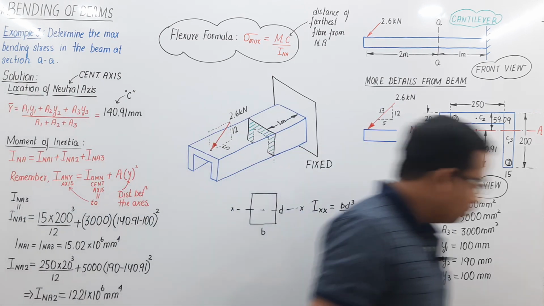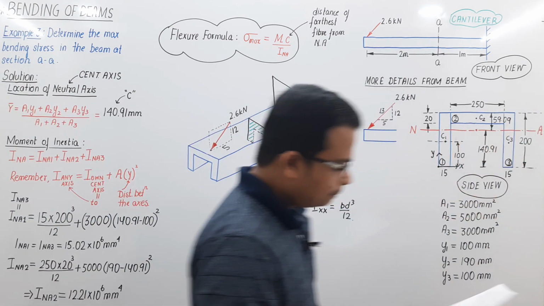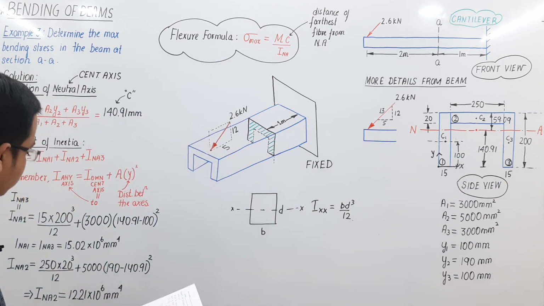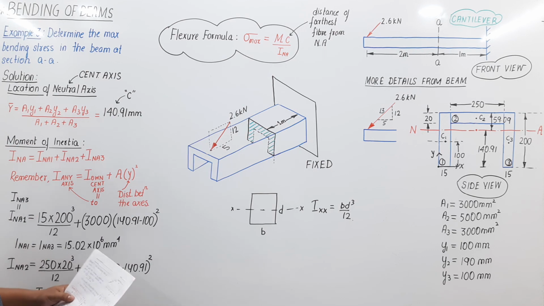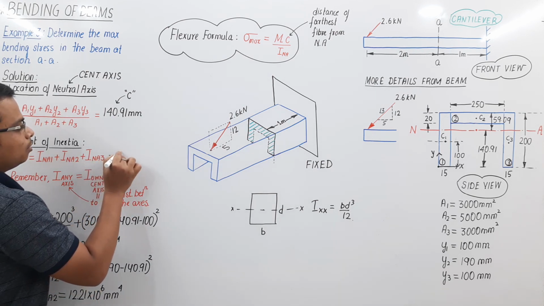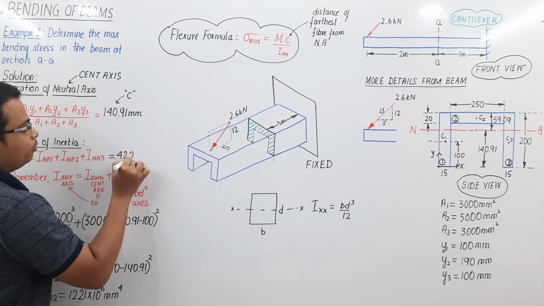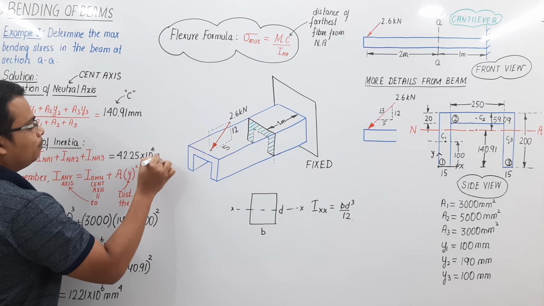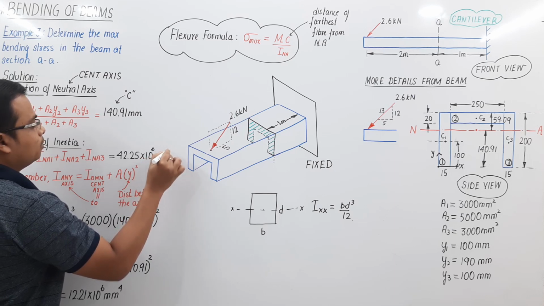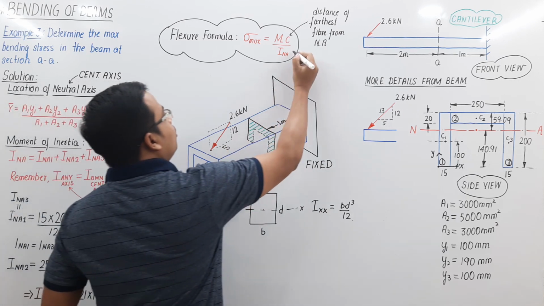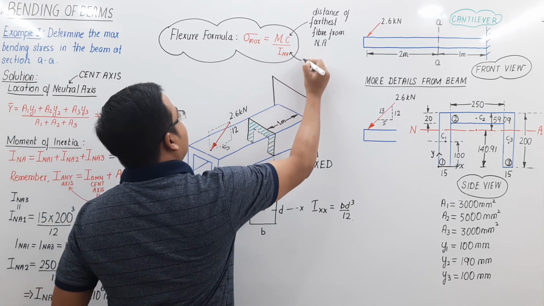Let me get the exact value: 42.25 into 10 raised to 6 millimeter raised to 4. That's a brilliant result, because now this also has been conquered.